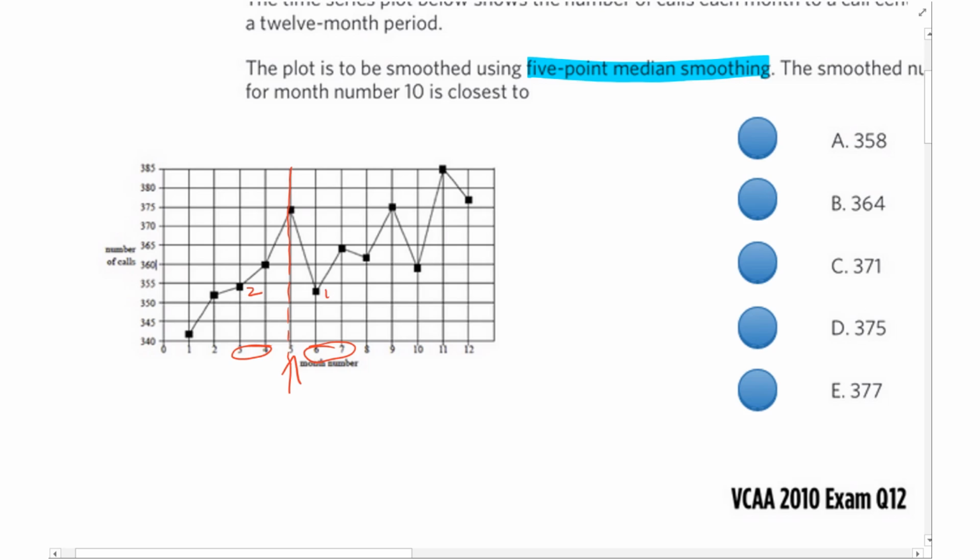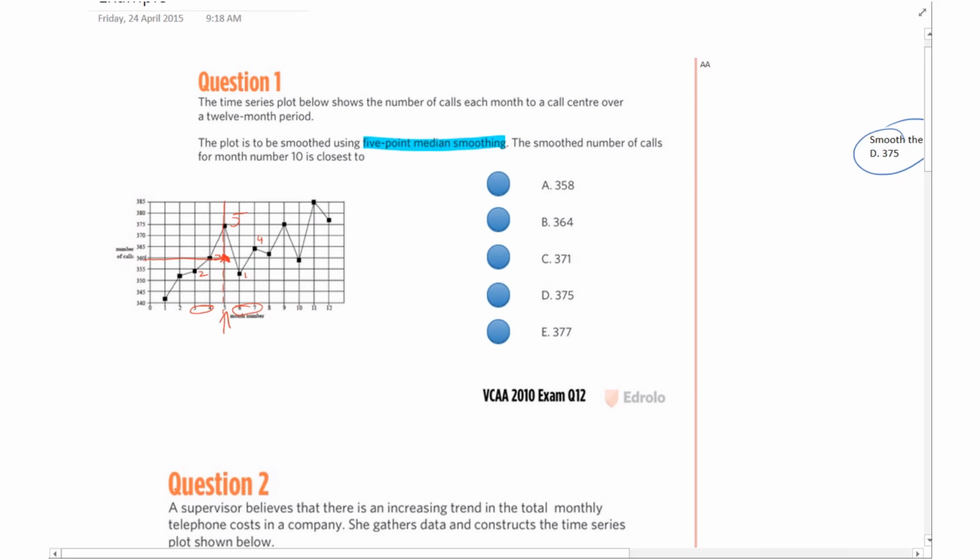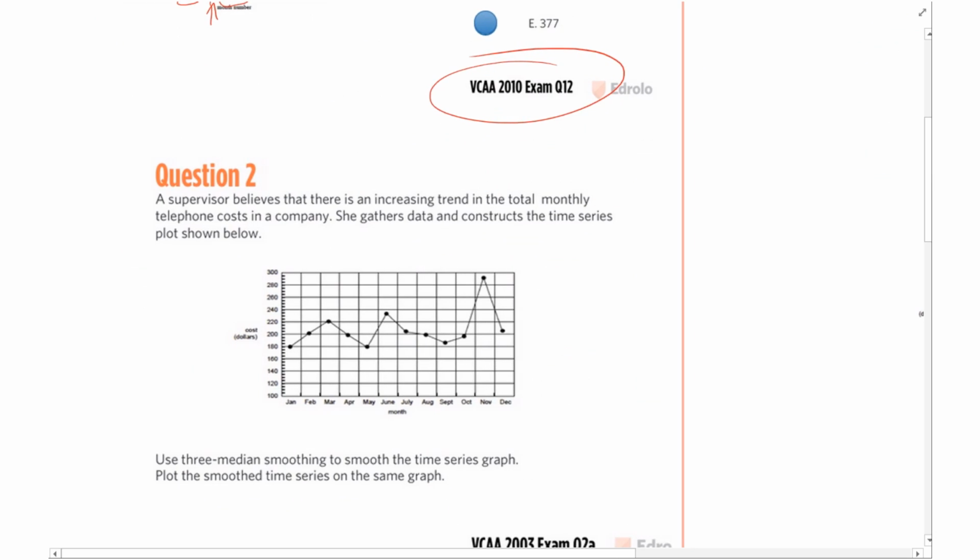That's the second one. That's the third one. That's the fourth, and that's the fifth. Okay, so my data is going to be there. So it would be, in this case, 360. So if it was month 5, the answer would be 360. And that's what you've got to do in a question set up like that. And that was an exam question. And that's how you have to approach an exam question like that.